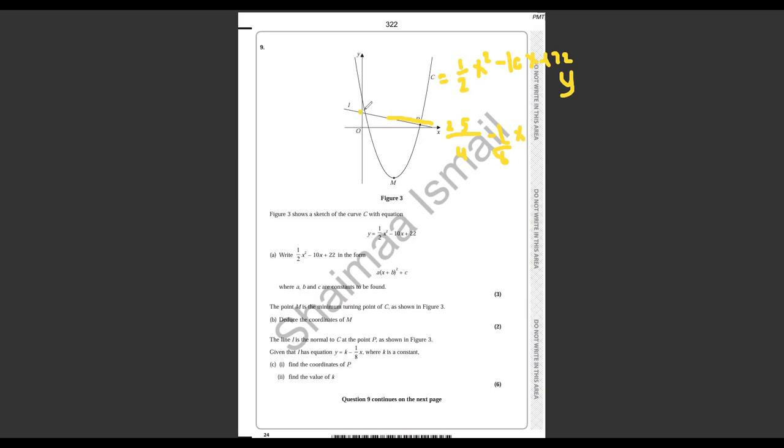Remember here we have the y-intercept, and here we have a point 4, negative 28, the turning point.